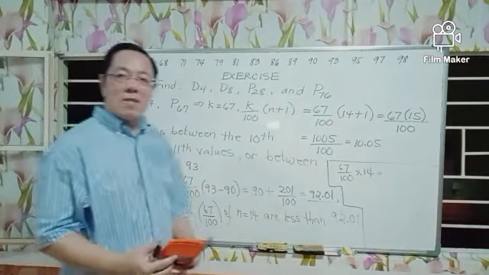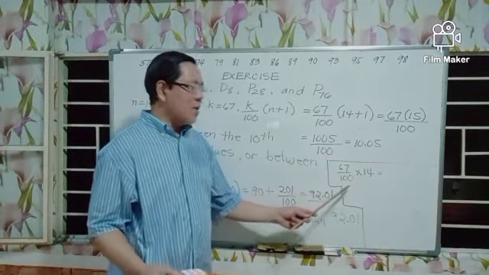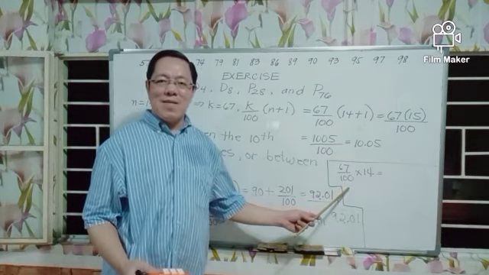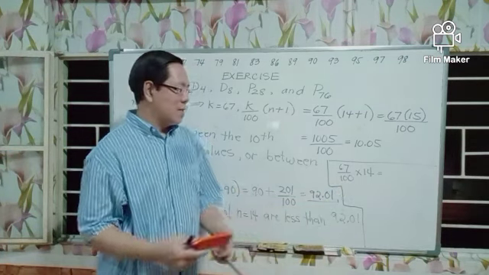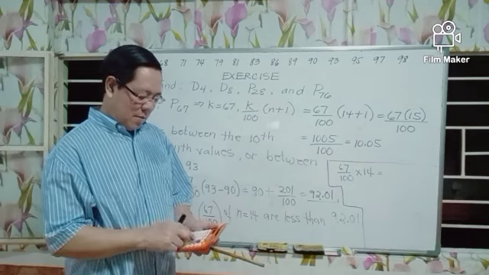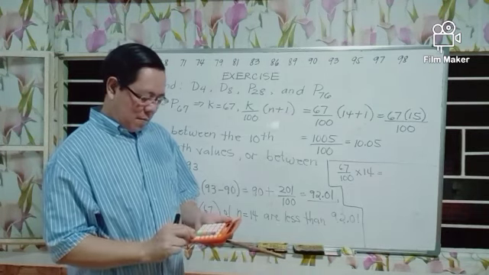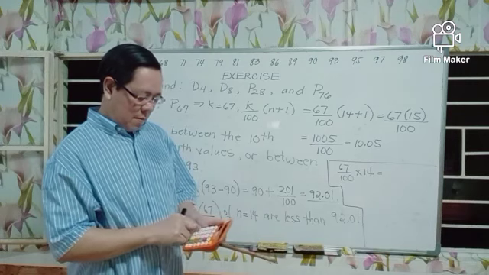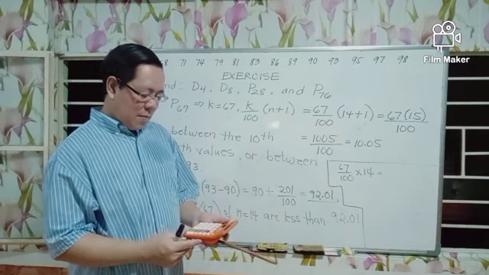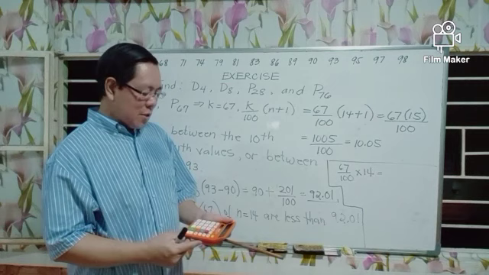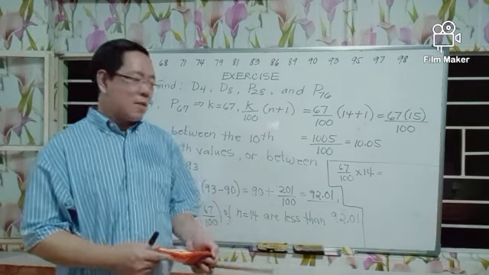We multiply 67 by 14 and we divide the product by 100 using our calculator. And you should get 9.38.